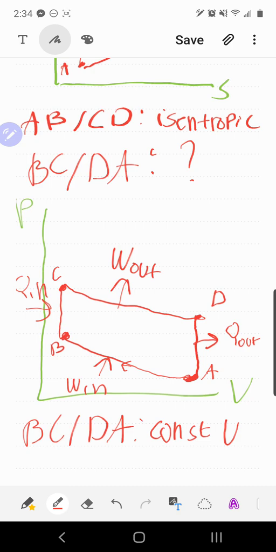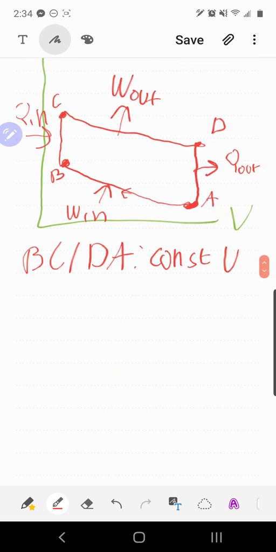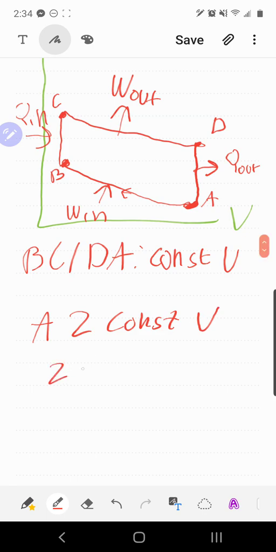Two constant pressure is not correct. A has two constant volume and two isentropic. Well, which is actually just our answer straight up. That is the correct answer.